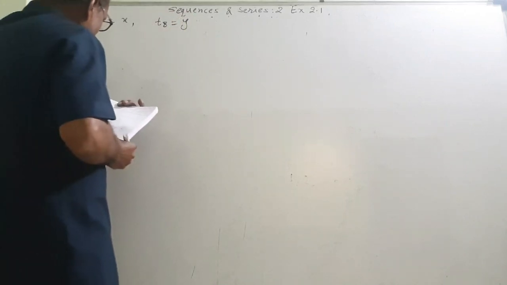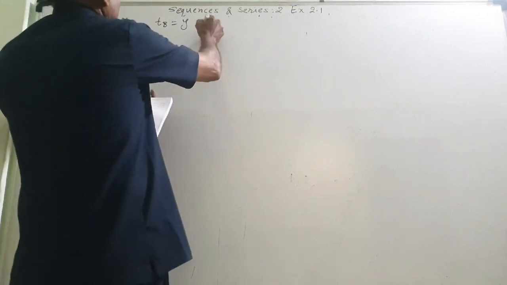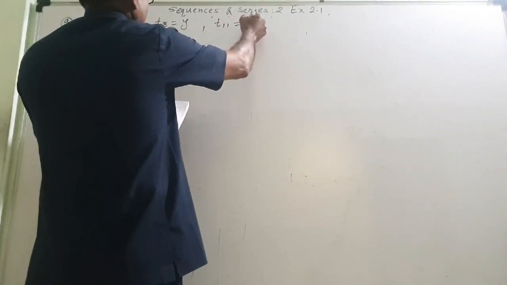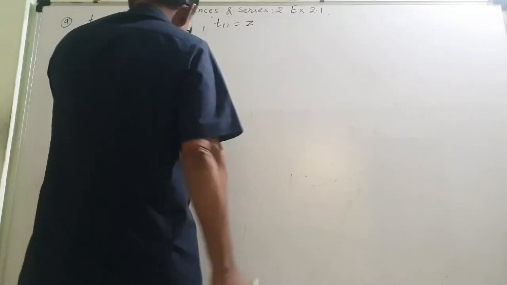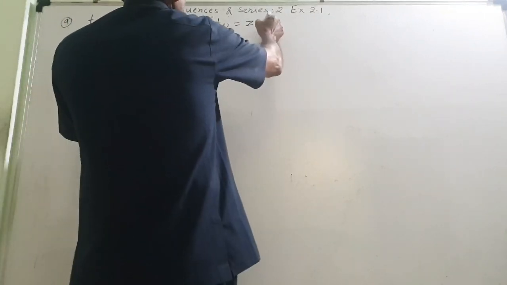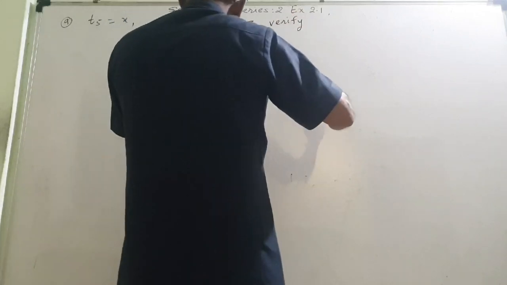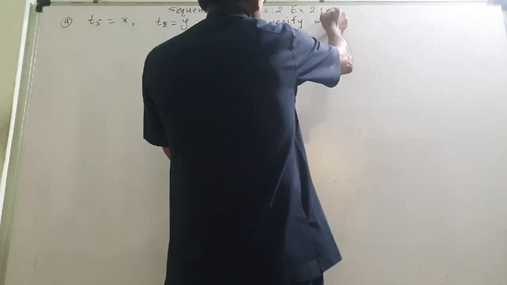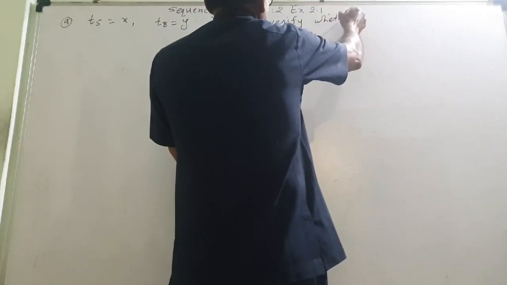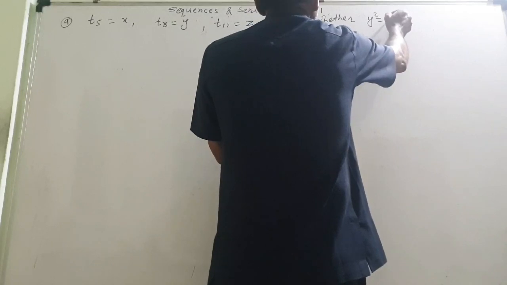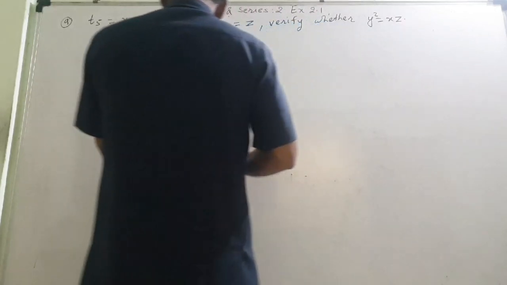And the 11th term means T11 is equal to z. Verify whether y square is equal to xz. This I have to verify.